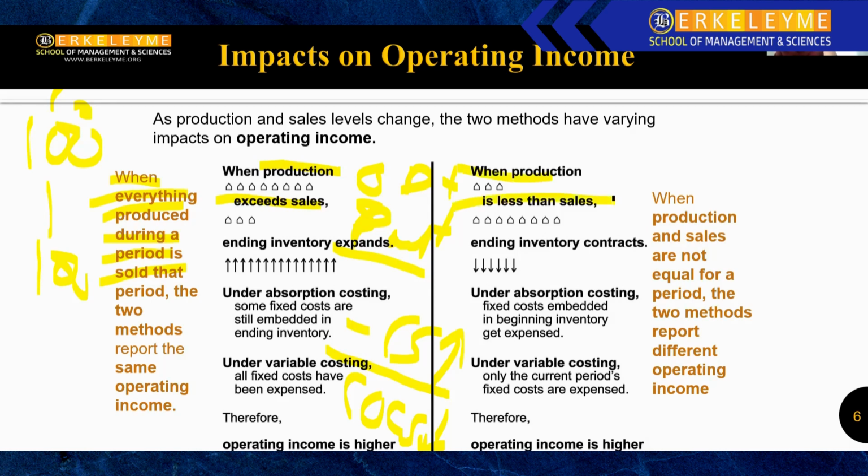Production is less than the sales, so closing stock will always be low. Here, production is more: you are producing more, you are selling less, so ending inventory will be more. When the ending inventory is more, then your cost of goods sold will be less. And when the cost of goods sold is less, then the operating profit is higher under absorption costing.